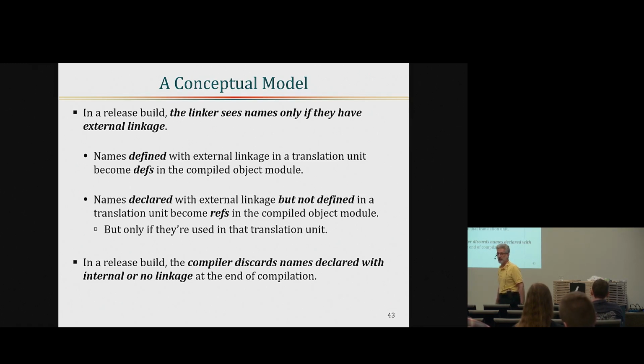I'm mentioning this name, but I don't have a definition for it. I need to get it from somewhere else. Those things are passed on into the object files if they have external linkage. And for the most part, the compiler discards names that are declared with internal or no linkage. They don't make their way into the release build object files.